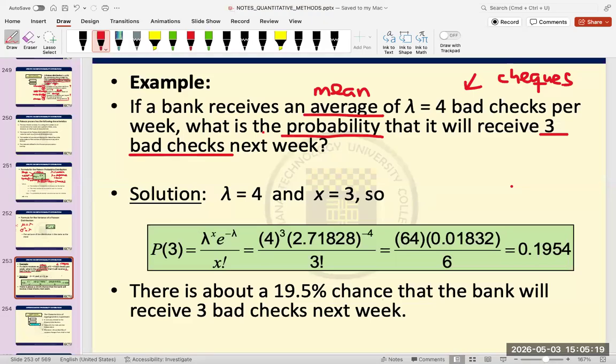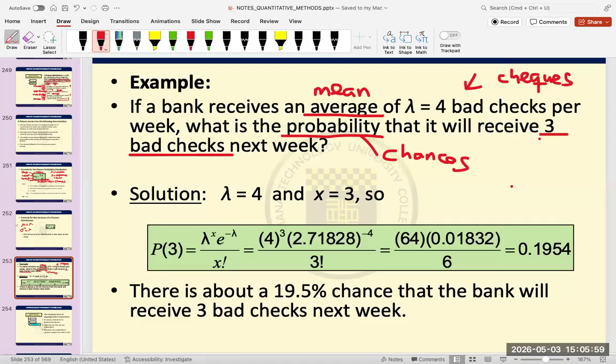Now the bank is about to enter into next week and is trying to measure the chances. Probability is about chances. It's trying to measure the chances that the following week the bank will receive 3, not 4, but rather 3. In other words, they want to see the chances that the 4 bad checks they know every week will reduce to 3.